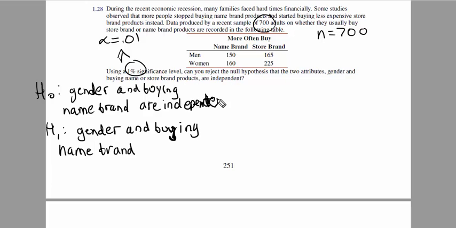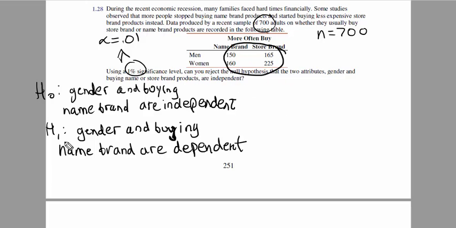Okay, there we go. Sorry about that. I am not that good at spelling, but I will try. That's all I can guarantee here. So gender and buying name brand are dependent. All right, so I'm going to enter this table in the matrix.